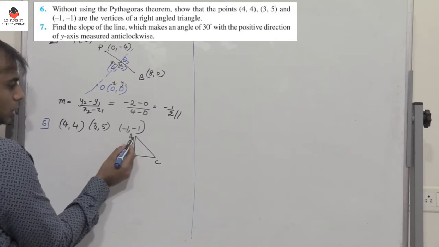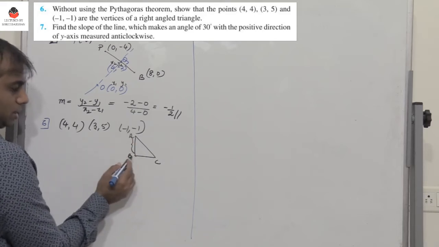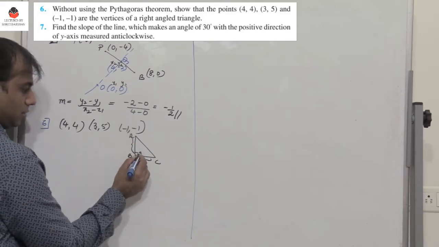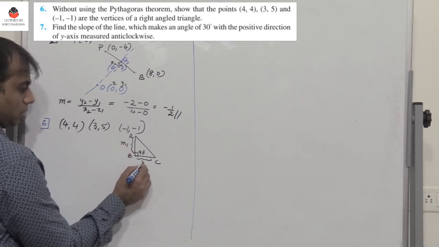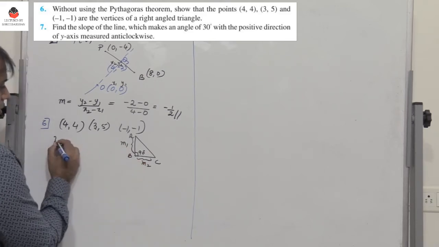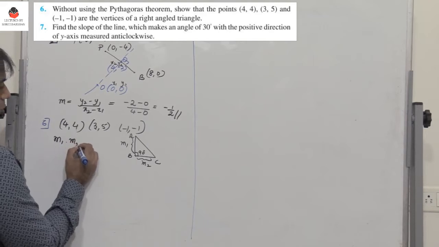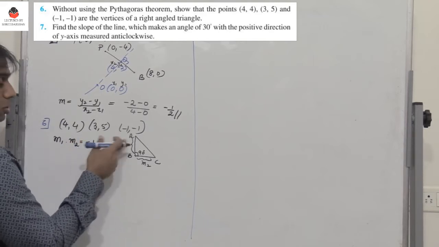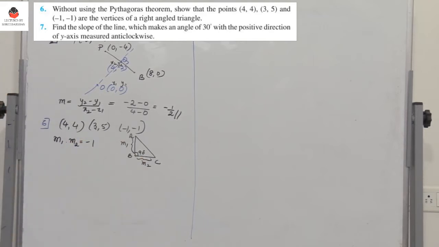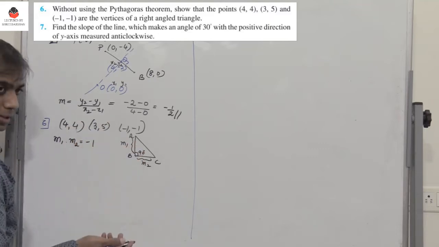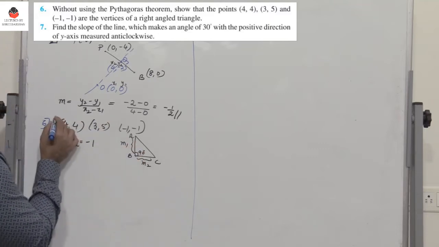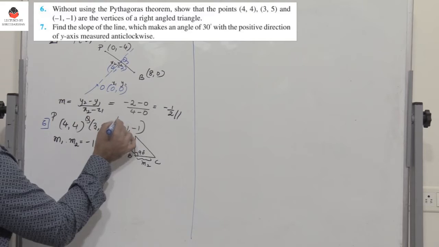Now if I find the slope of AB and BC, if this is 90 degrees, say the slope here is M1, slope of BC is M2. We know that M1 into M2 should be equal to minus 1. Then those two lines are perpendicular to each other, right? So we don't know which is point A, point B and point C, right? So let's assume that this is P, this is Q and this is R.